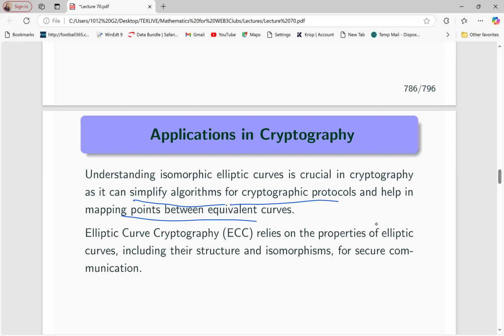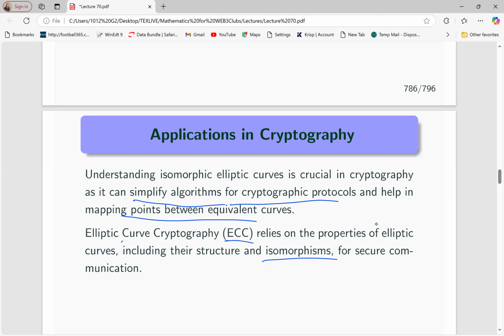I've also said that elliptic curve cryptography relies on the properties of elliptic curves, including isomorphism. We'll look at elliptic curve cryptography later, trying to see how to do encryption and decryption of data using elliptic curves.